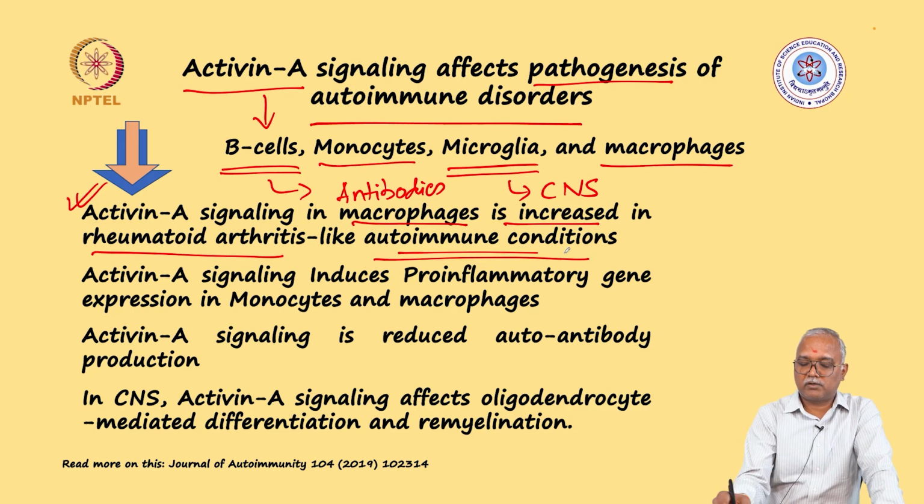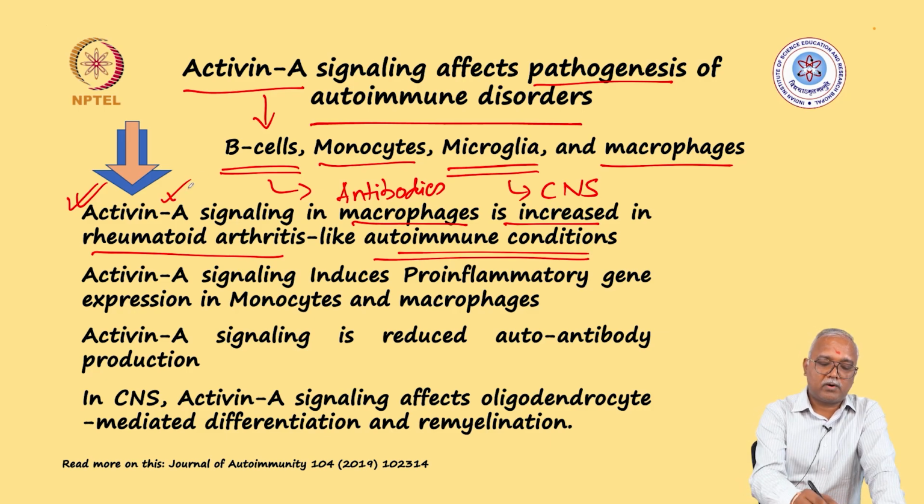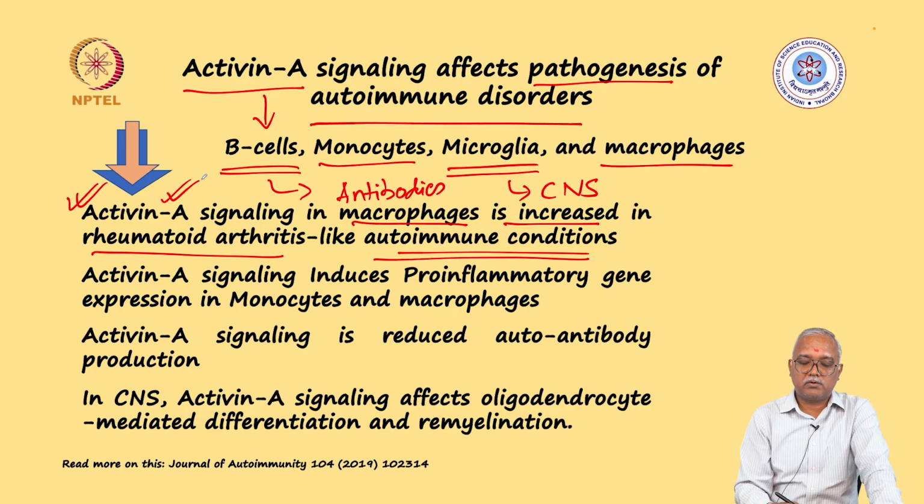More and more rheumatoid-like phenotype would be there if more and more activin signaling is being induced and macrophages are being engaged over there. So multiple different types of signal, multiple different types of cells and different locations, they are mediating different responses. Here, the autoimmune condition of rheumatoid arthritis.